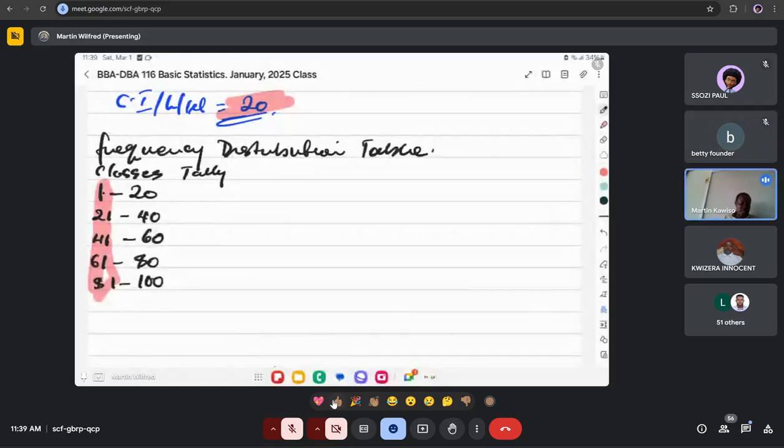Now, what does it mean? It means we are looking out for values running from 1 to 20. We are going to look out for values running from 21 to 40, from 41 to 60, from 61 to 80, and from 81 to 100.